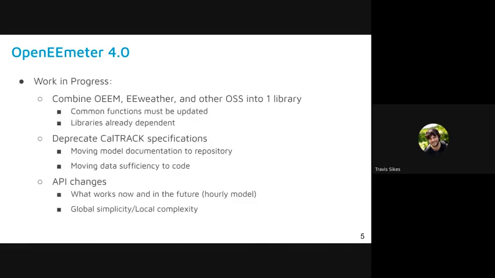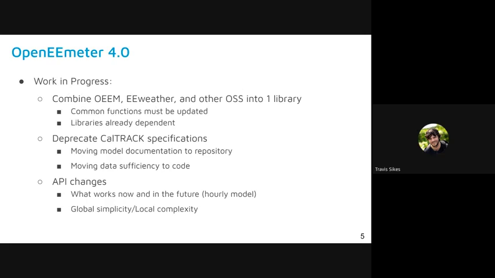Work in progress. There is a lot that we are still doing on OpenEEmeter 4.0. Most of that is more on the back end of things, less so on the modeling, as the modeling is complete. What we want to do is combine OpenEEmeter, EEweather, and other open source software into a single library.